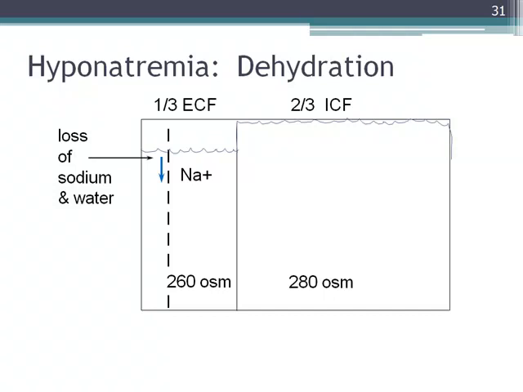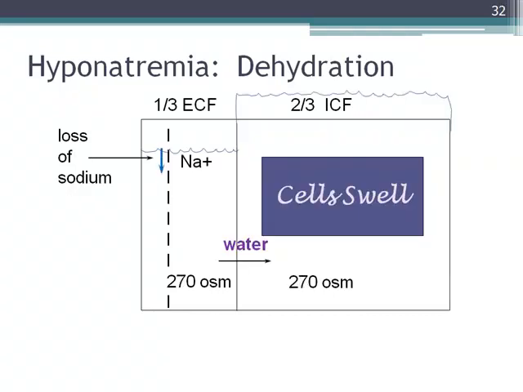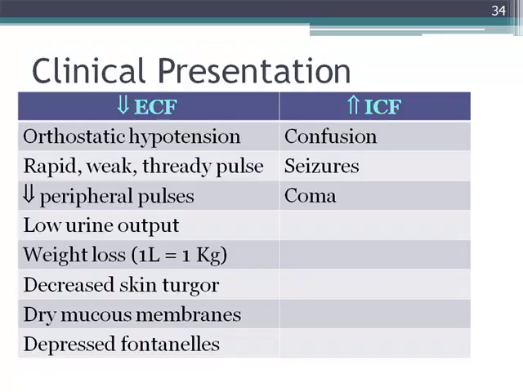So in our picture here, we have extracellular compartment that's depleted, but we also have a low sodium level and a low osmolality. So fluid is going to shift from the extracellular compartment into the intracellular compartment to try to even out the osmolality. And the signs and symptoms are going to be the same.